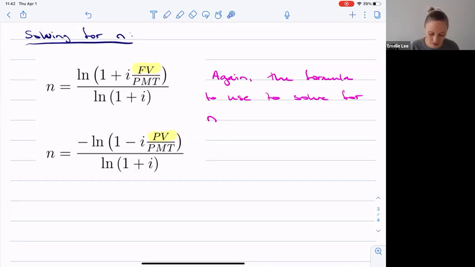If you know the present value, you can ignore the future value formula completely, right? And if you know the future value, you can ignore the present value one. Seems reasonable enough.